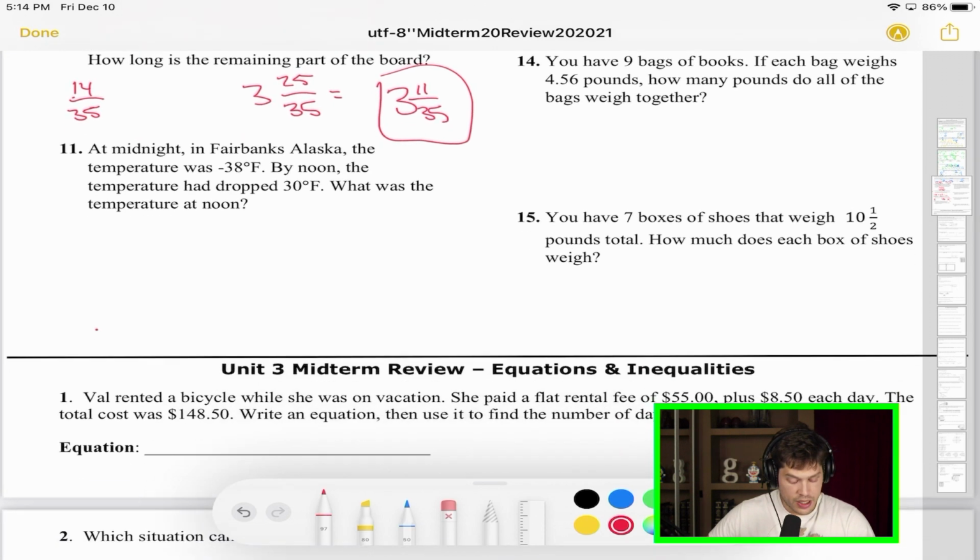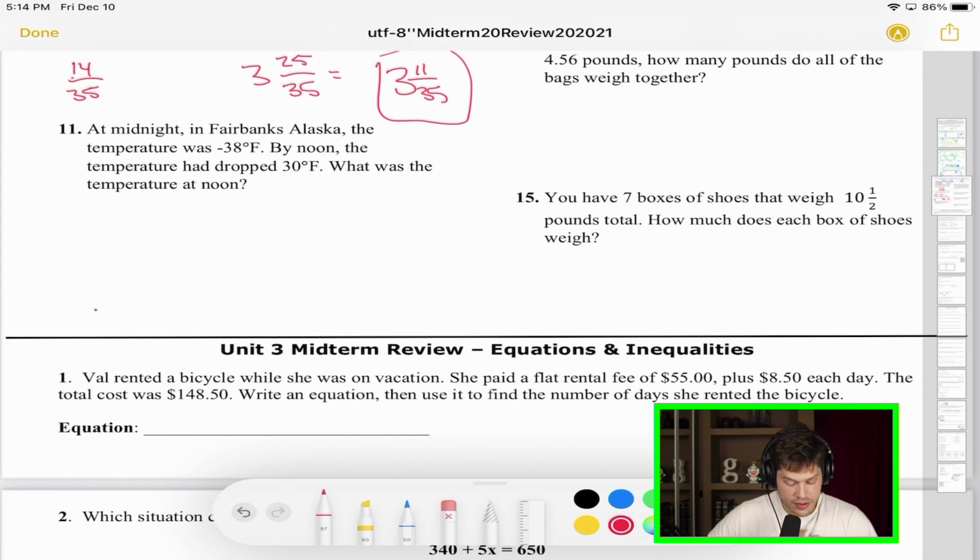Okay. Number 11, at midnight in Fairbanks, the temperature was -38, and then by noon, the temperature had dropped 30 degrees. What was the temperature at noon? So at midnight, the temperature was -38. And then by noon, 12 hours later, the temperature had dropped 30 degrees.